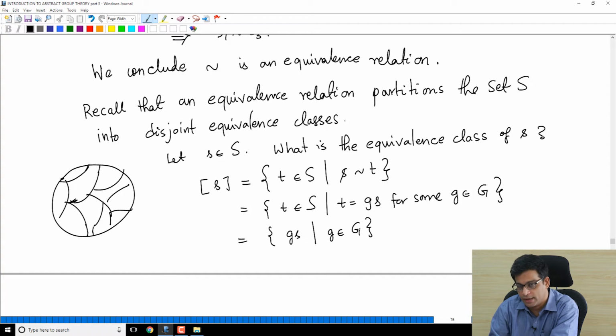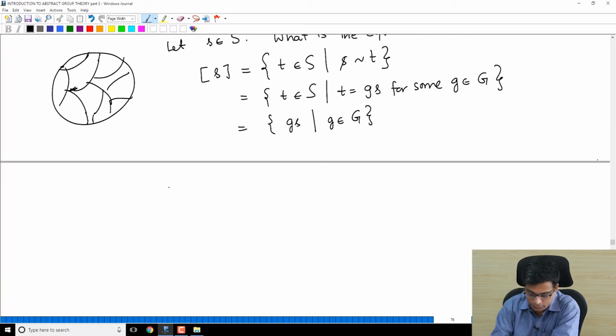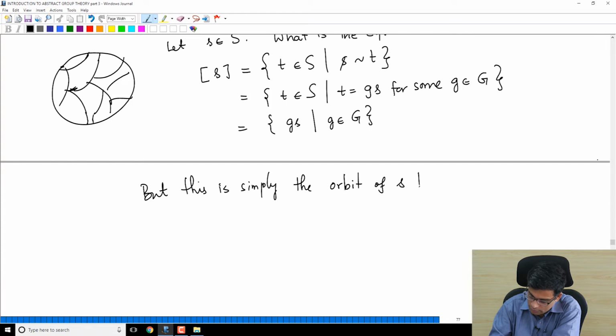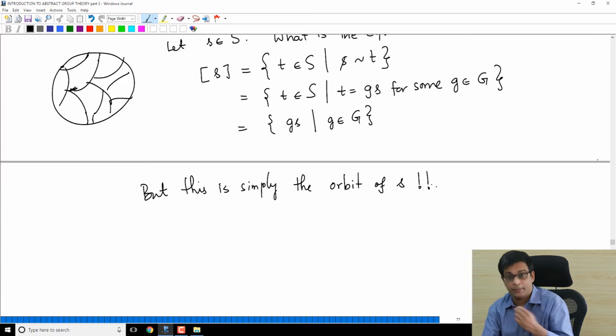As small g varies in capital G, I'll take small gs. But we have another name for that from the last video. This is simply the orbit of s.